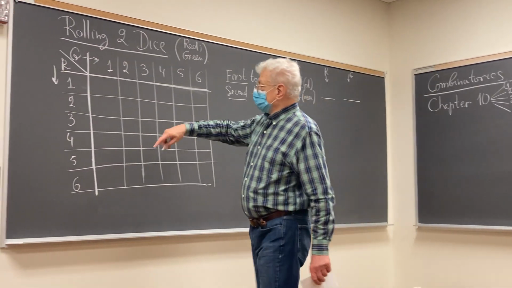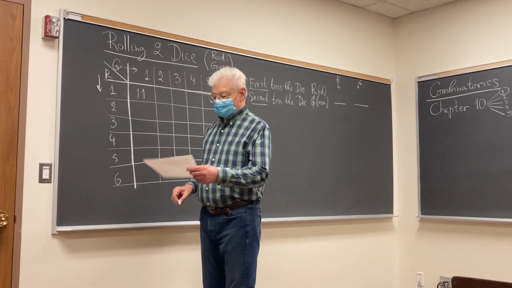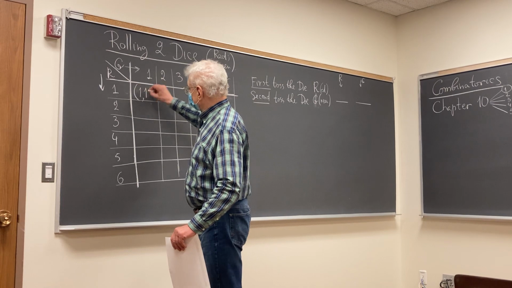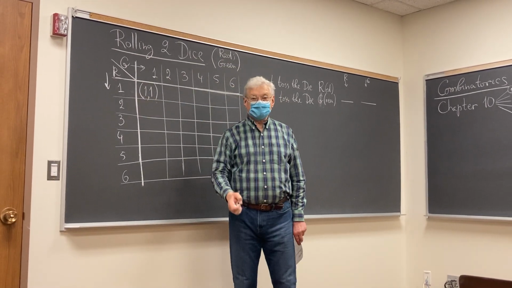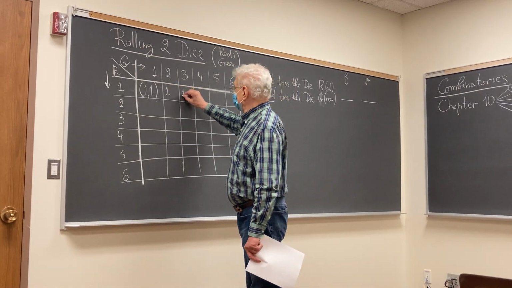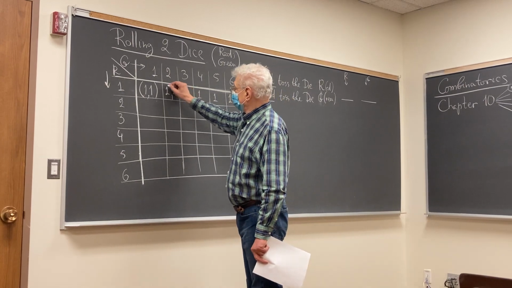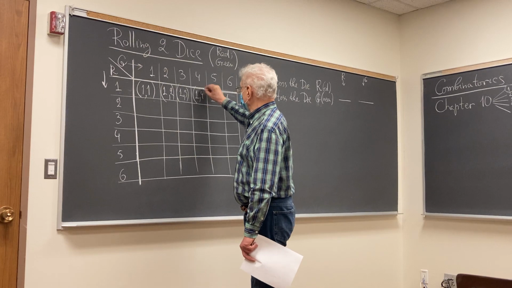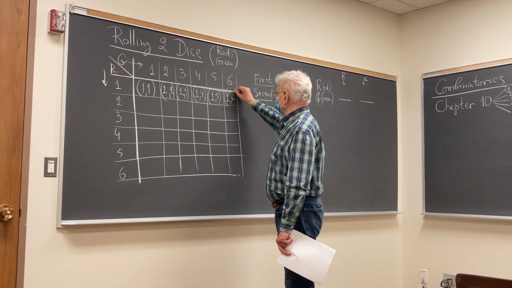So let's write all the outcomes. 1, 1. It's written here in parentheses. So first is 1 and second is 1. Suppose the first outcome is 1. What will be the second? Let's write 1, 1, 1, 1, 1, 1, and the second one will be 1, 2, 3, 4, 5, 6.